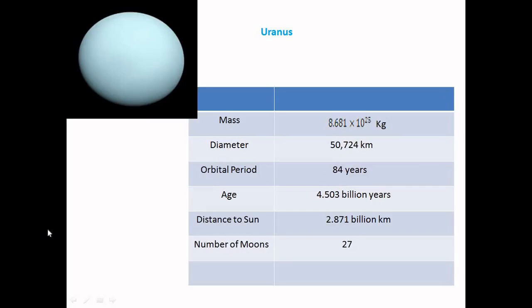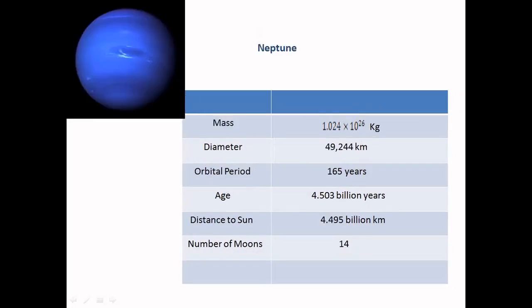Uranus is the ice giant. Its age is 4.503 billion years, and its orbital period is 84 years. It also has the coldest planetary atmosphere in our solar system. The distance from the Sun is 2.87 billion km, and it has 27 moons.